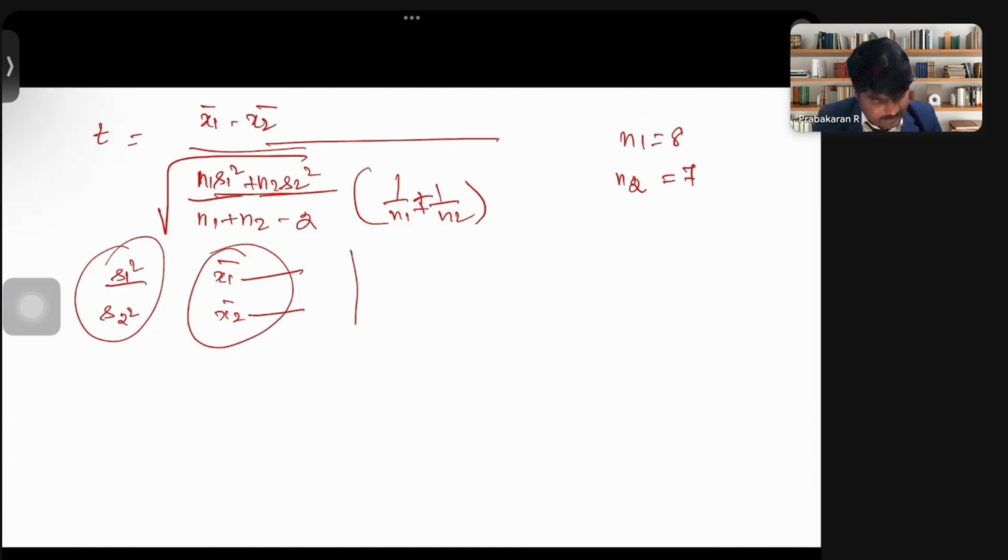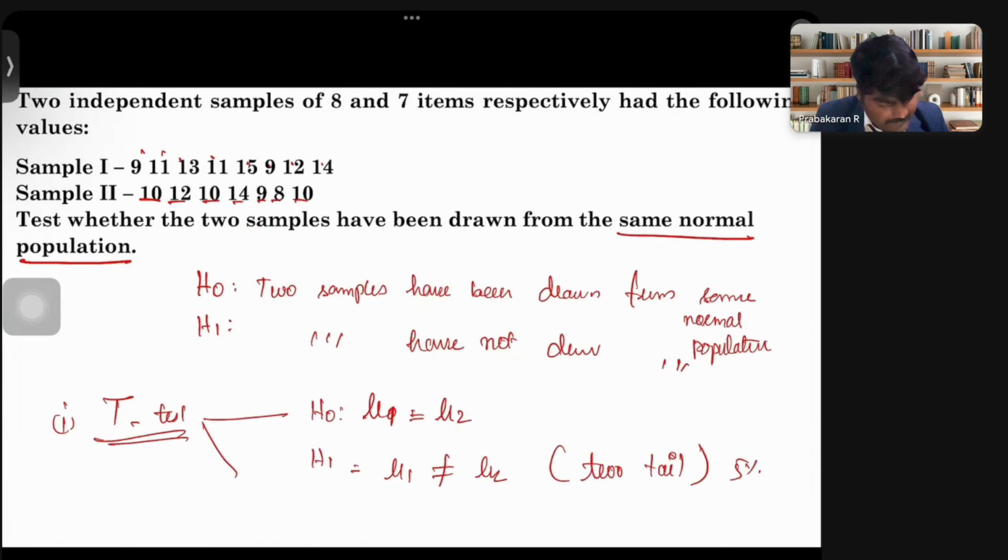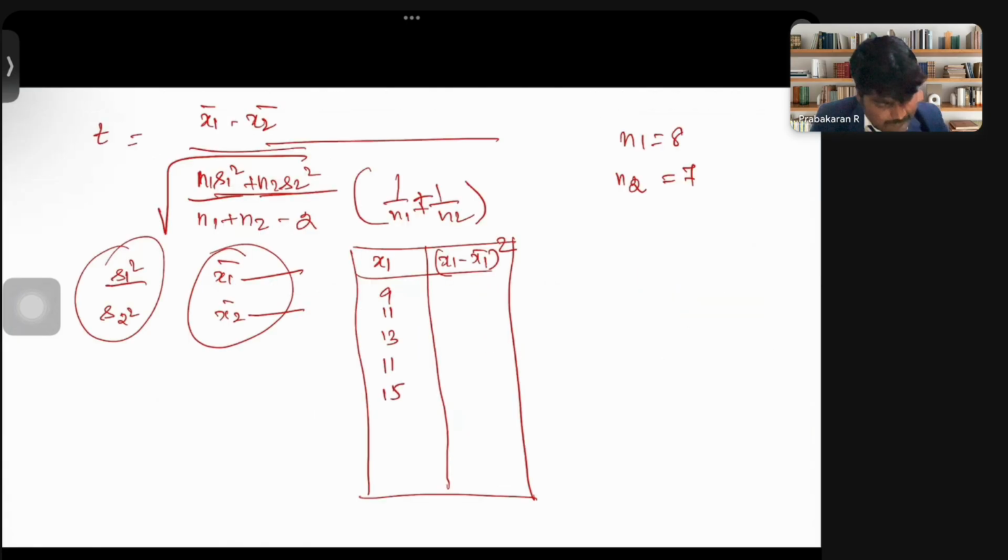So I'm going to take the x1 value and x1 minus x1 bar, that is the average value, whole square. The x1 data is 9, 11, 13, 11, 15, 9, 12, 14.